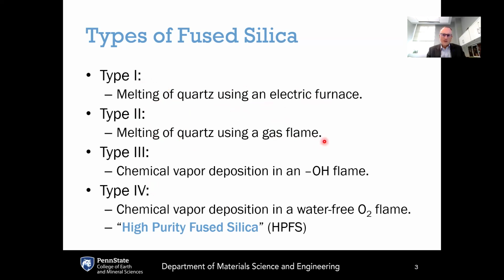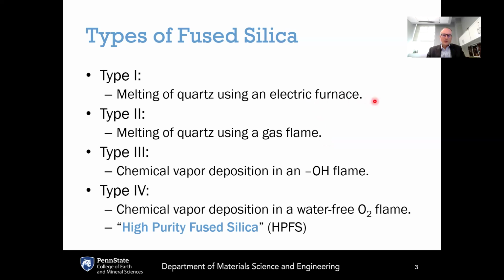In both cases, they start with a very inexpensive raw material, just quartz sand, which is one of the most abundant minerals available in the Earth's crust. If you heat it up, 1737 degrees C is the melting point, but it takes up to around 2000 degrees C to get it to melt properly and get a good quality melt, and then you cool it back down, and you get fused silica.